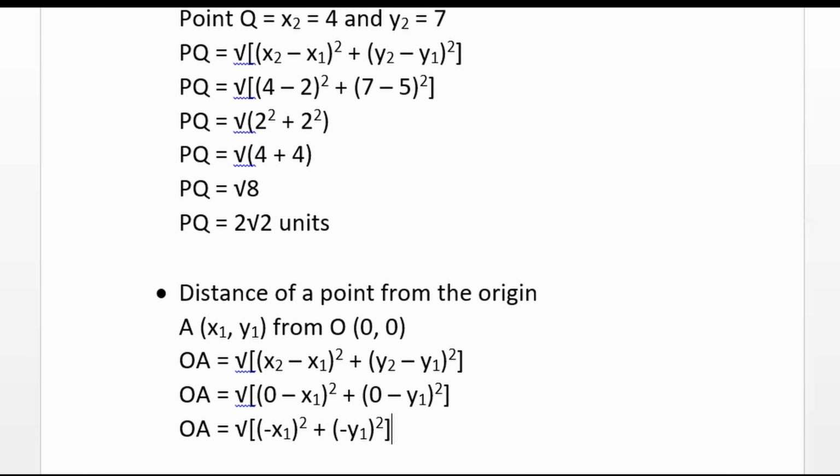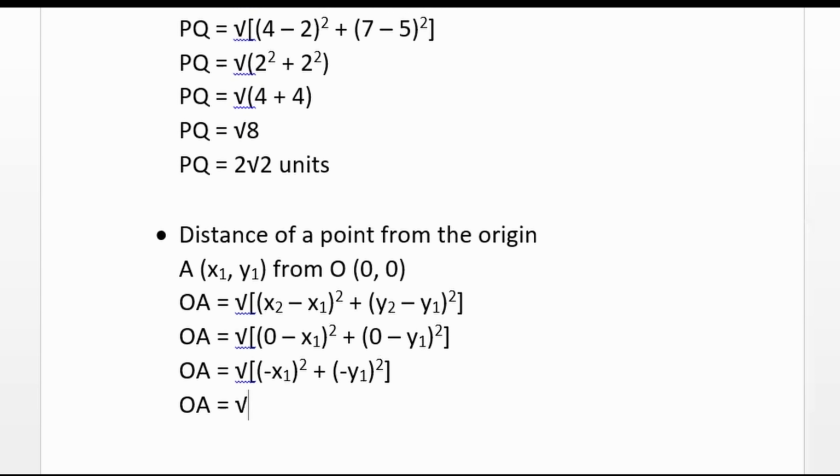Always remember, whether the given number is positive or negative, its square is always positive. For example, the square of plus 3 is plus 9 and the square of minus 3 is also plus 9. So the square of minus x1 is x1 square.